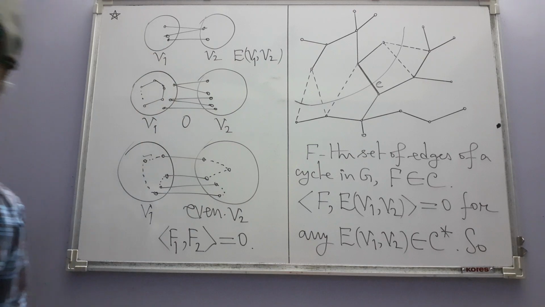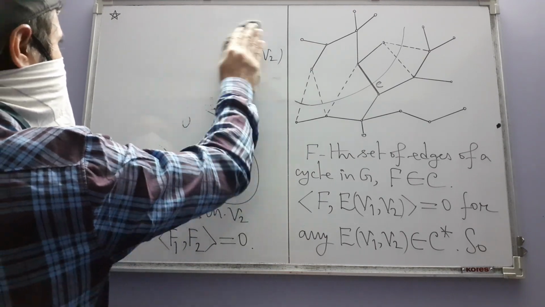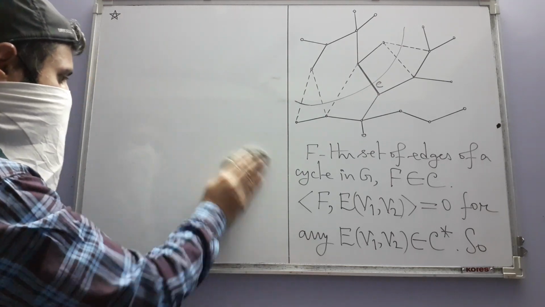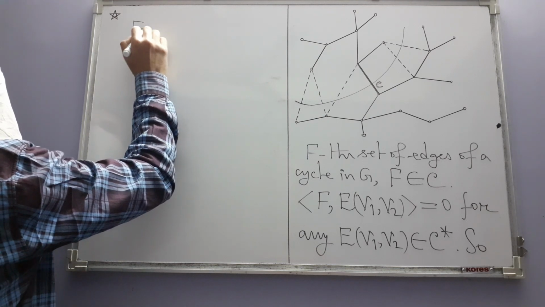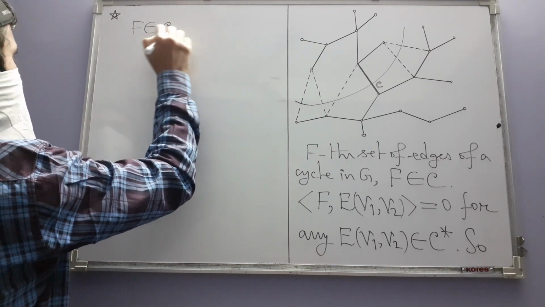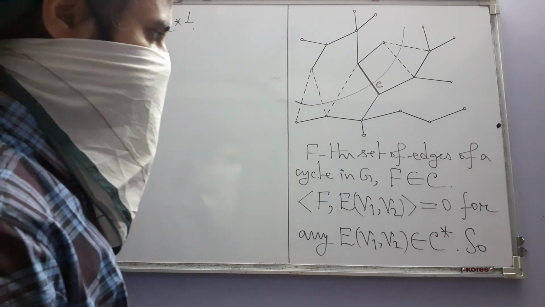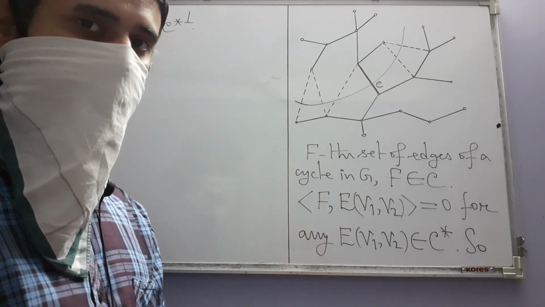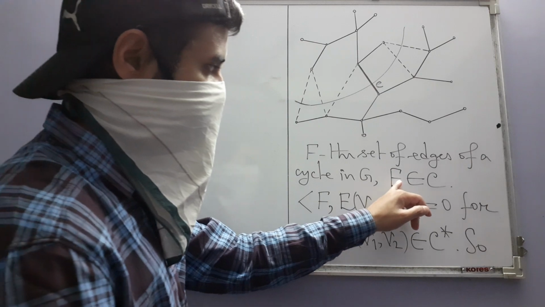So F belongs to this. But F is what? F is an arbitrary cycle, or rather the edge set of an arbitrary cycle.